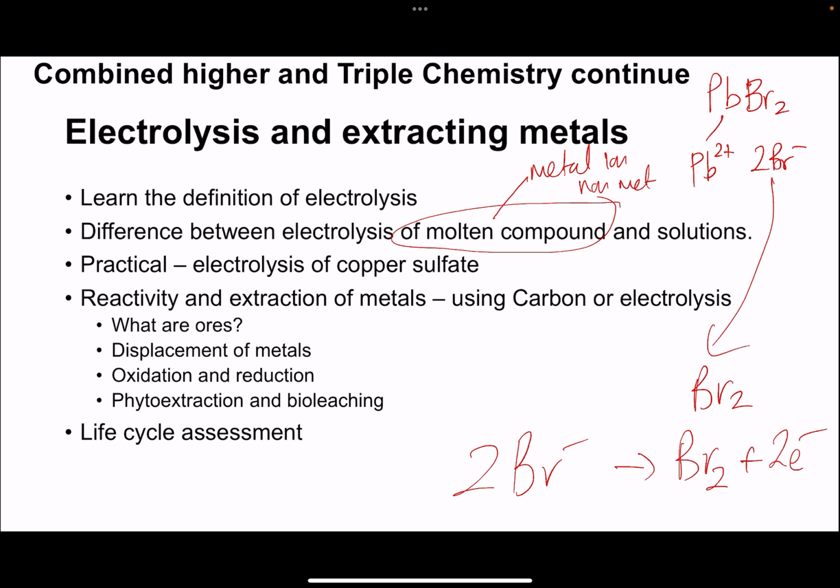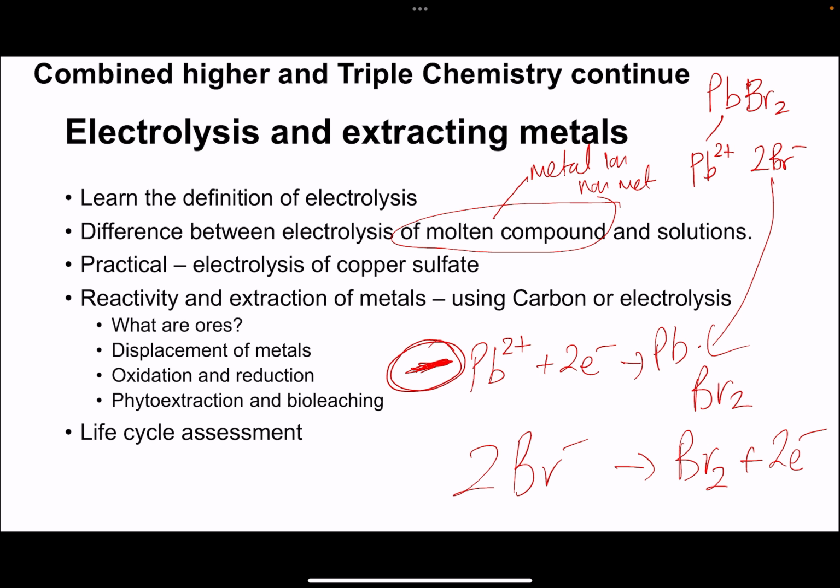Reduction happens at the cathode. At the anode, lead is oxidized to form lead. So that's at, my apologies, right?